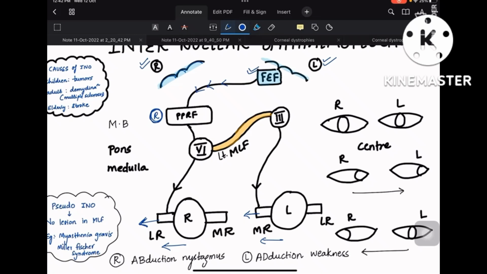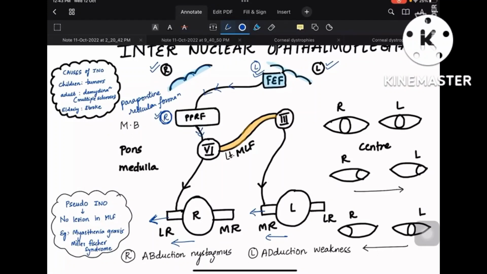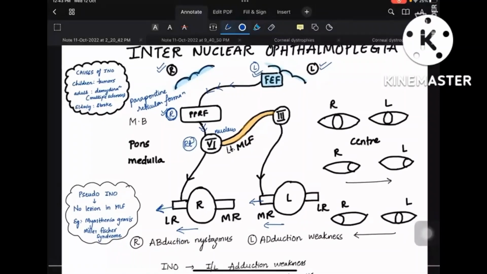PPRF is parapontine reticular formation. Left FEF, frontal eye field, sends the signals to right PPRF, and this right PPRF sends the signals to the right-sided sixth nucleus. So this is the nucleus. That sixth nucleus sends the nerve, the sixth nerve, to the lateral rectus.